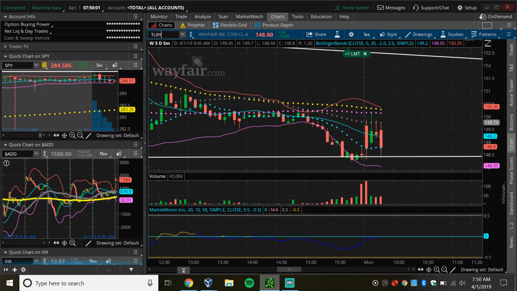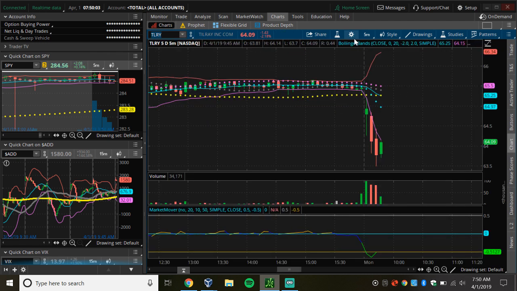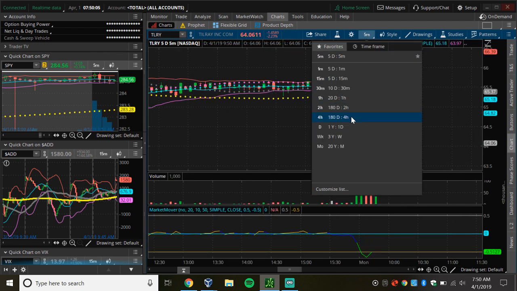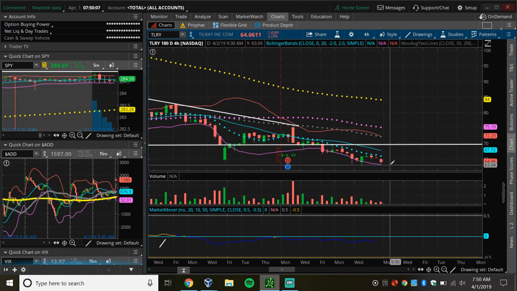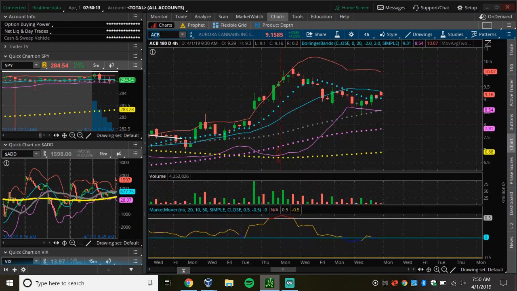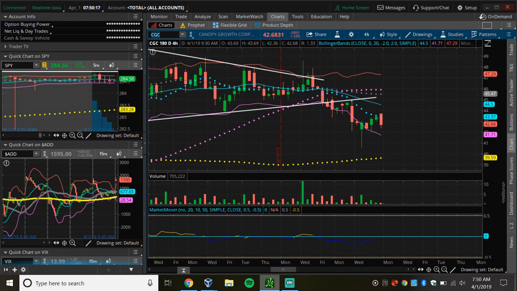Just for fun, let's check out some other stocks. We got Tilray at 64 level. Definitely a level I talked about a lot. This is major support. We'll see if it can hold there. ACB heading back up to $9. CGC, ooh, big sell. I definitely saw that coming.